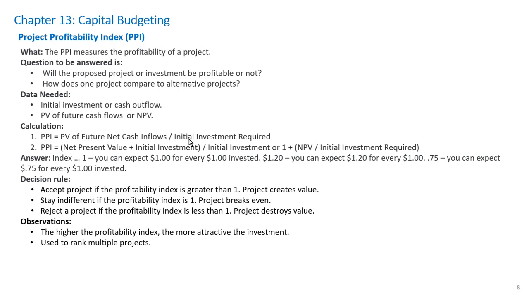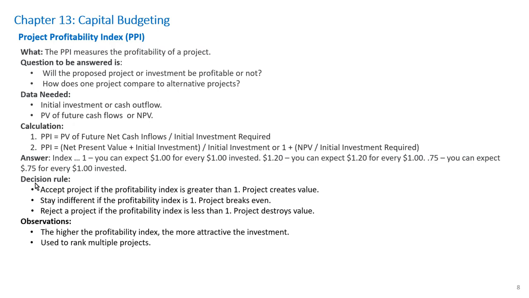The higher the project profitability index, the more desirable the project. This method is used because it allows for the ranking of multiple projects. The data needed is the initial investment and the present value of future cash flows.